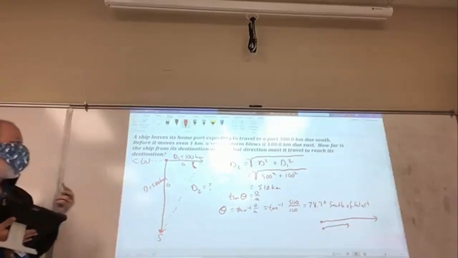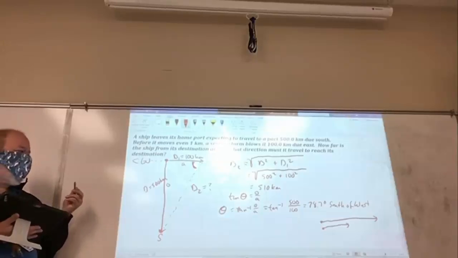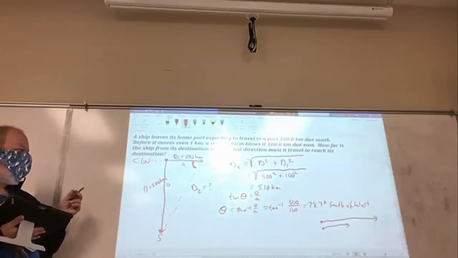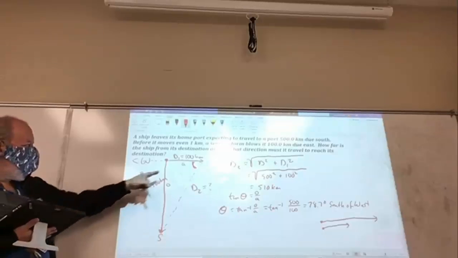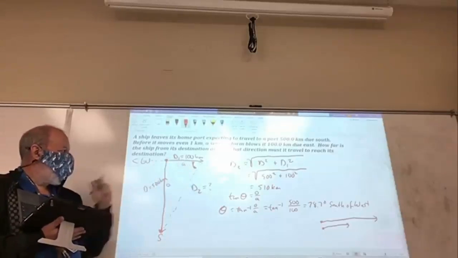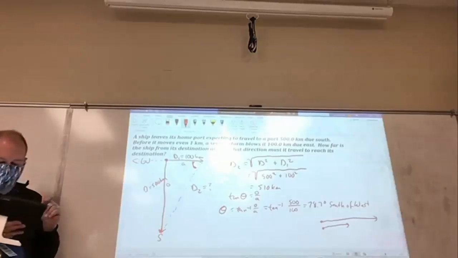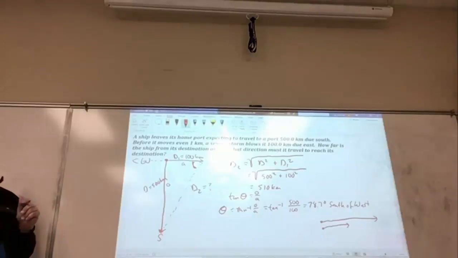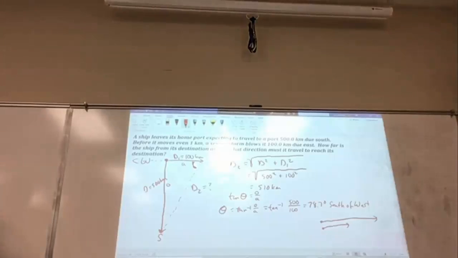We can't use the word southwest here because southwest implies exactly 45 degrees. Okay? So again, this angle here is 78.7 degrees south of west. Any questions about that?